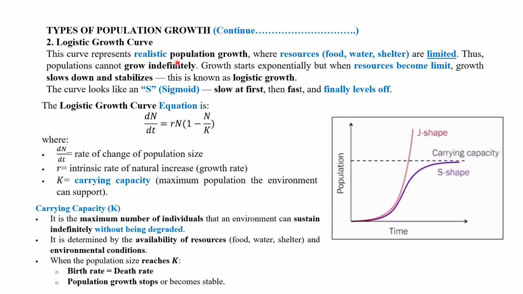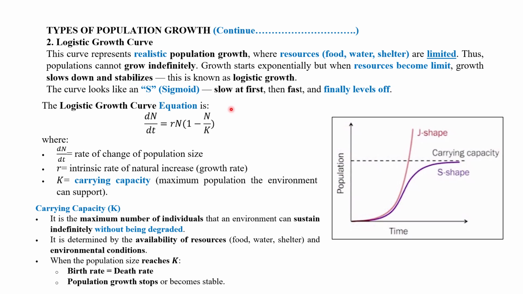This curve represents realistic population growth where resources are limited. Resources means food, water, or shelter. Thus, the population cannot grow indefinitely because of limited resources. Growth starts exponentially, but when resources become limited, the growth slows down and stabilizes. This is known as logistic growth.